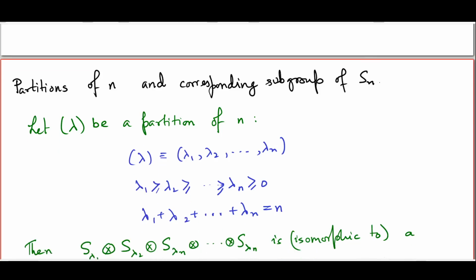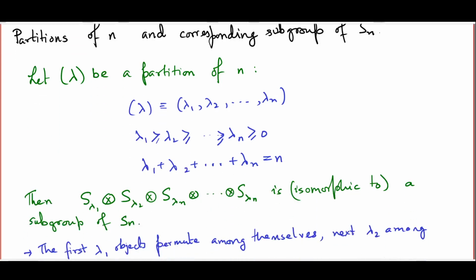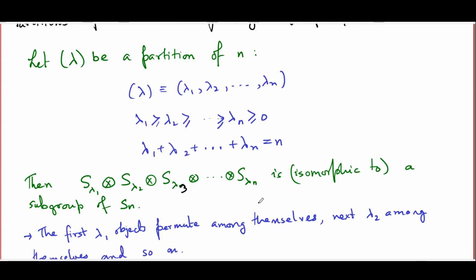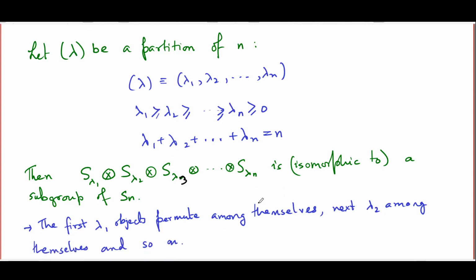Now, for each partition of n, we can form this direct product group S lambda 1 times S lambda 2 times S lambda 3 times S lambda 4 all the way up to S lambda n, and this is isomorphic to a subgroup of Sn. Basically, in Sn we have all possible permutations of n objects.